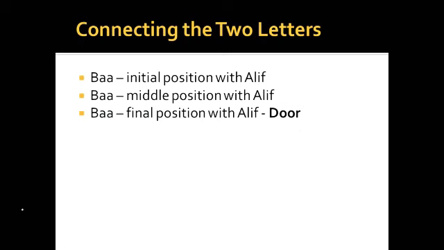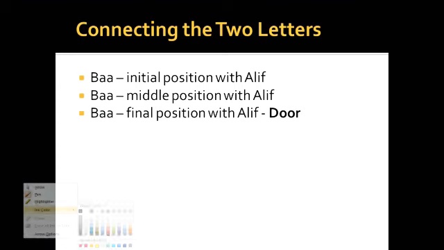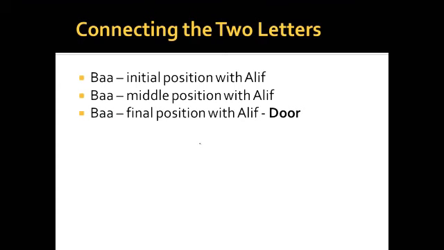Just going to change my color here one more time to red. Okay, so the ba in the initial position with the alif, so the ba here in the initial position, looks like this. Again, remember, this is number 2.